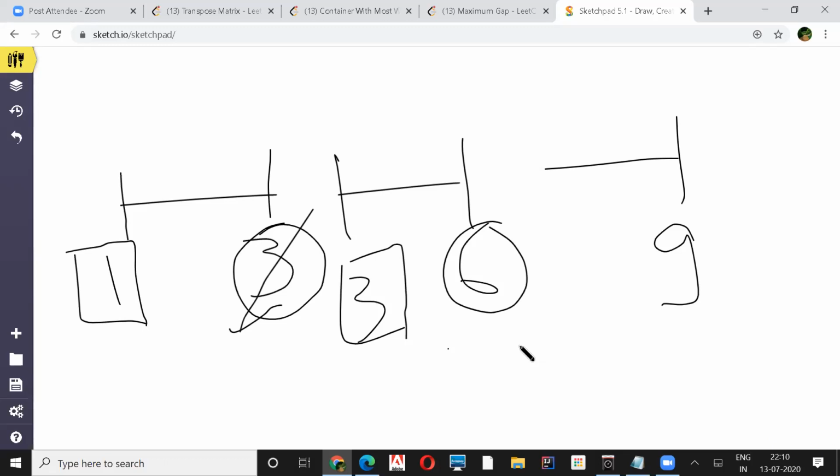So that would mean there must be a gap between two buckets, because if two buckets are consecutive, then the difference is at most the size of the bucket.